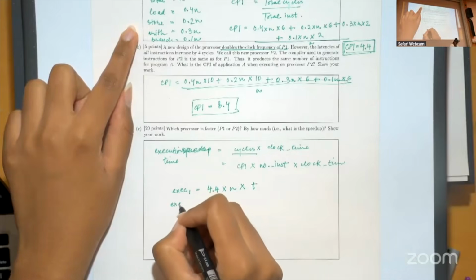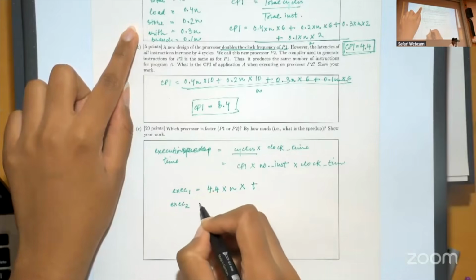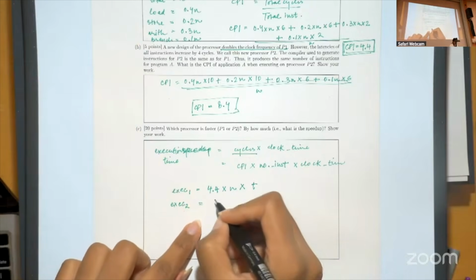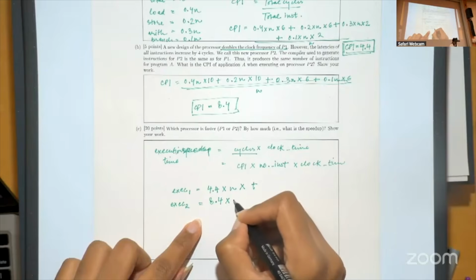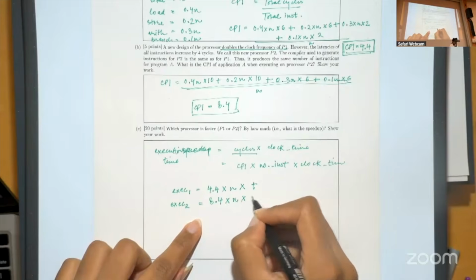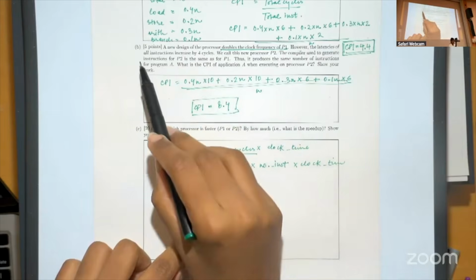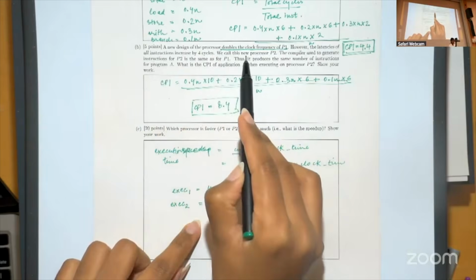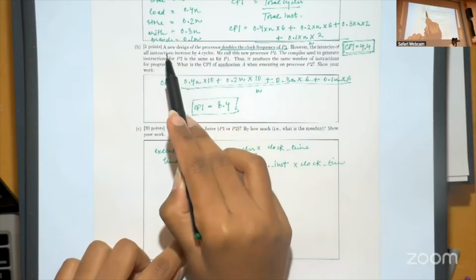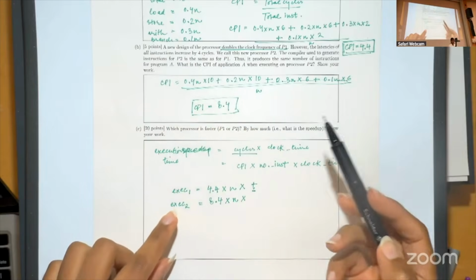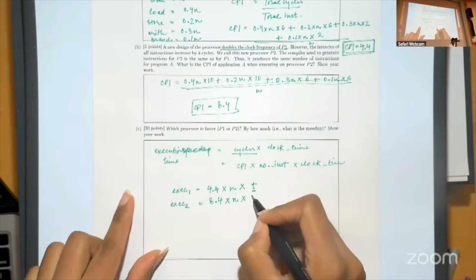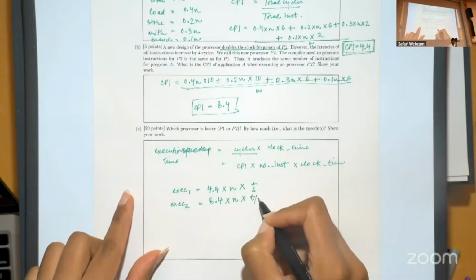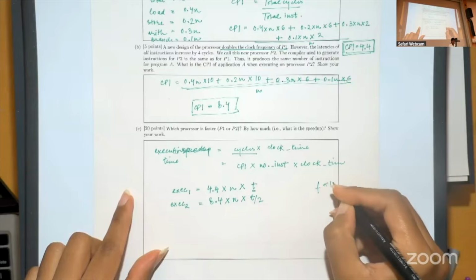Now for processor 2, let's say its execution time 2. Again, the CPI is 8.4, and the number of instructions is again the same. And here the clock time: as you noted in the second part, we were told that the new design of the processor doubles the clock frequency of P1. Since the frequency is double, the clock time would be half, because frequency is the inverse of time.